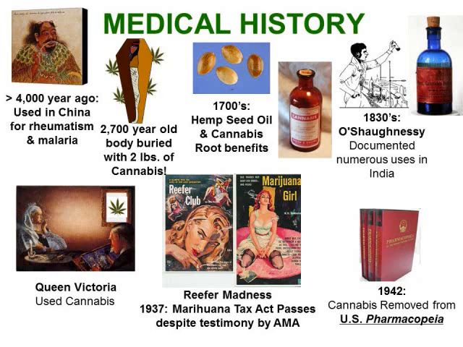And then in the 1930s, the Reefer Madness campaign kicked into full swing. And in 1937, the Marijuana Tax Act was railroaded through Congress, despite testimony against it by the American Medical Association and despite testimony by a couple companies in the hemp industry.